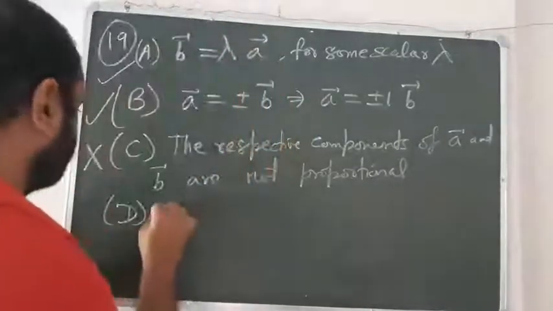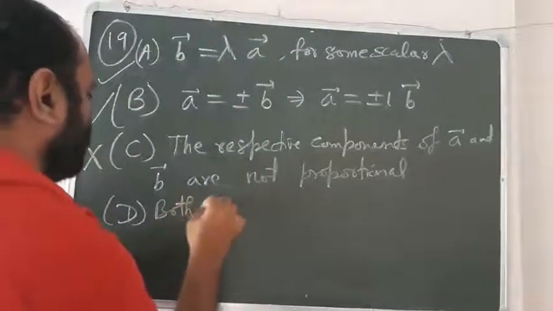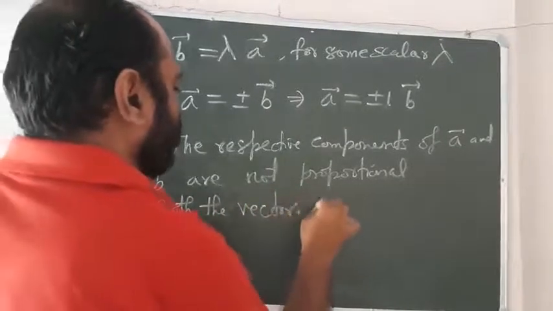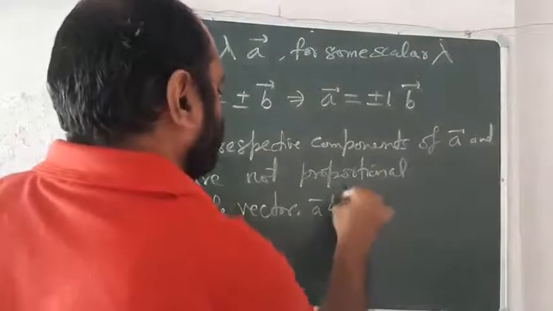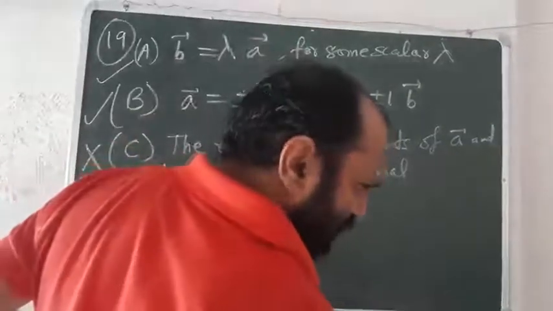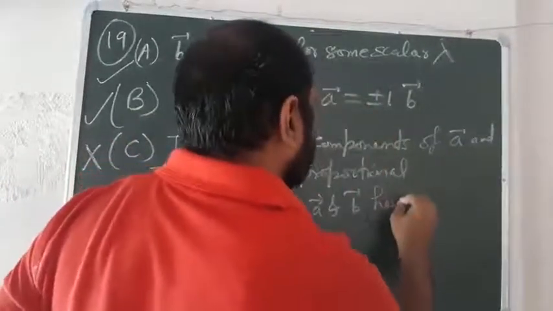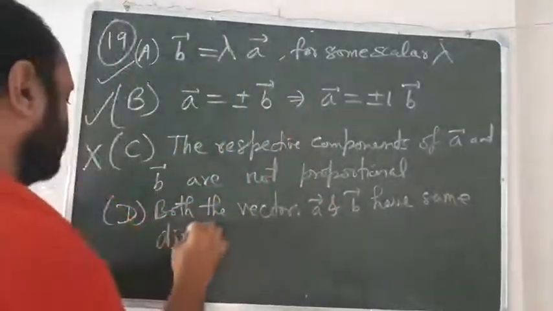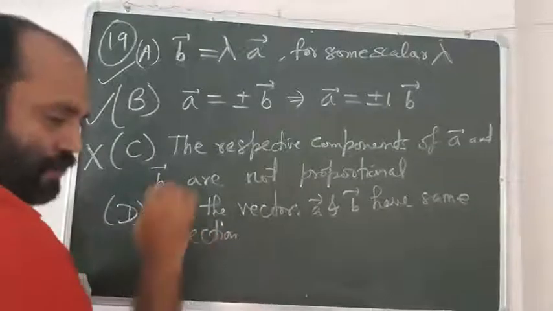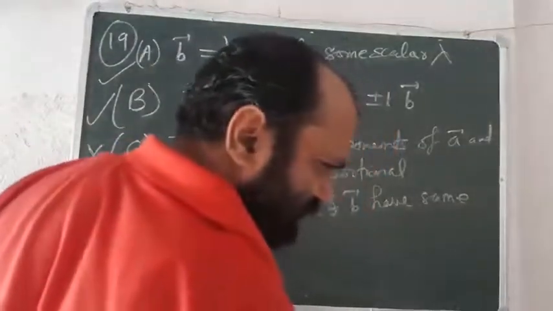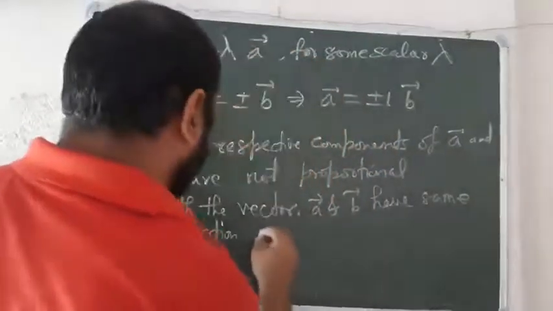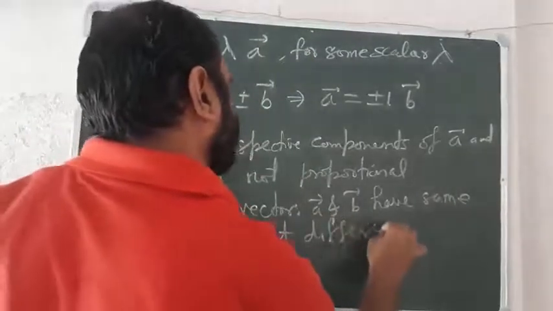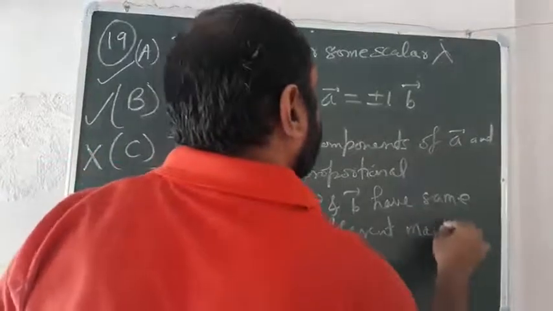And the last part D is that both the vectors, A vector and B vector, have the same direction but different magnitude.